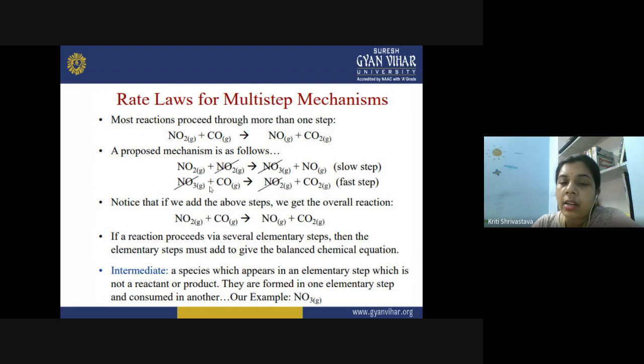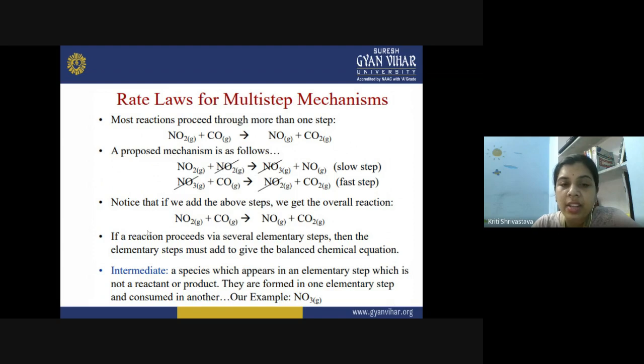Then NO3 combines with carbon monoxide, forming NO2 plus CO2. This is a fast step. When you find the overall reaction, the NO3 and NO2 terms cancel out, and finally you get the balanced chemical equation after summing up the two elementary steps.